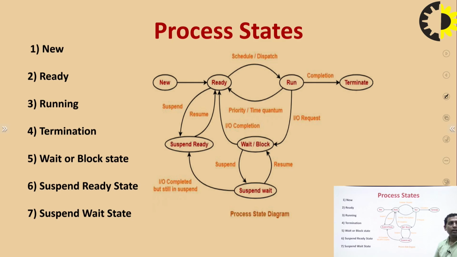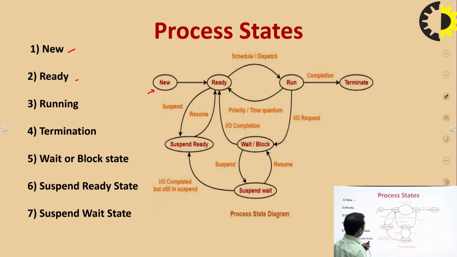Now we can understand the different process states for a particular process. These states mean the statements of the running process, at which condition. There are 7 conditions, meaning a process can be in the new state, meaning just arrived, the ready state, running state, termination state, wait or block state, suspended ready and suspended wait state.